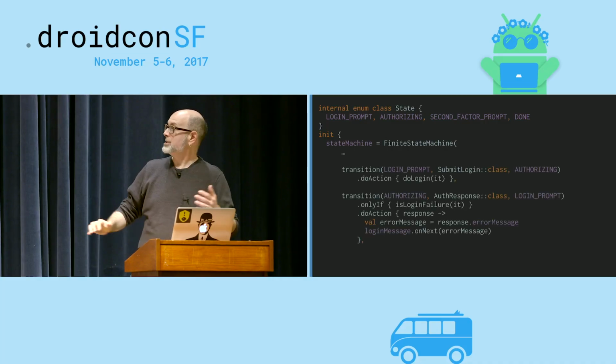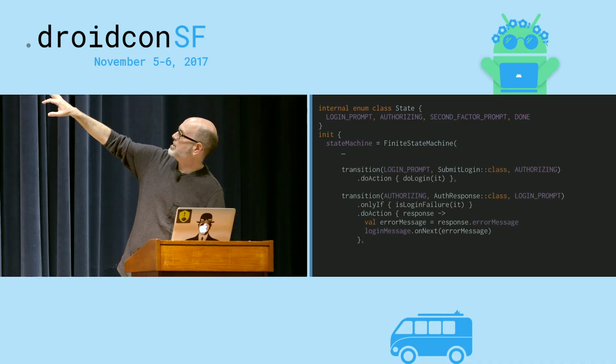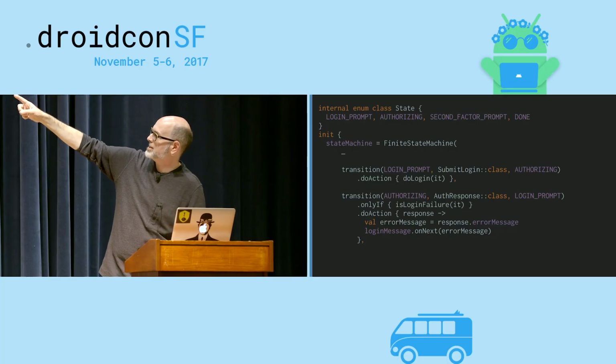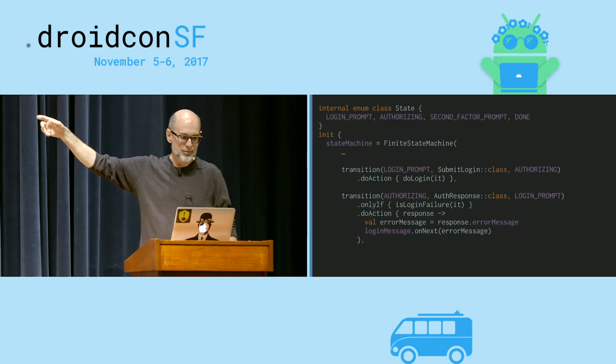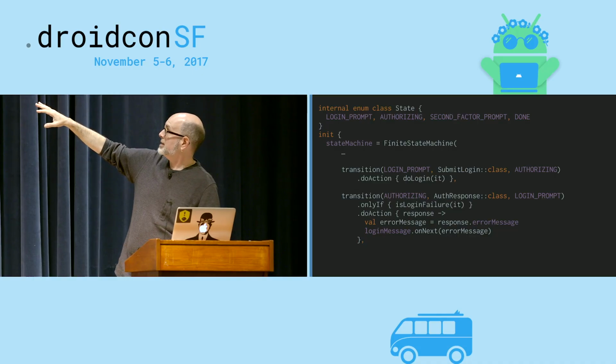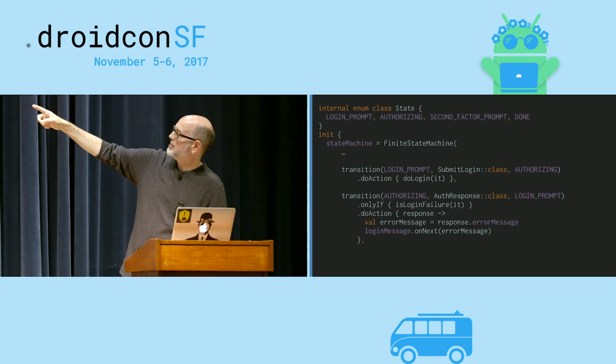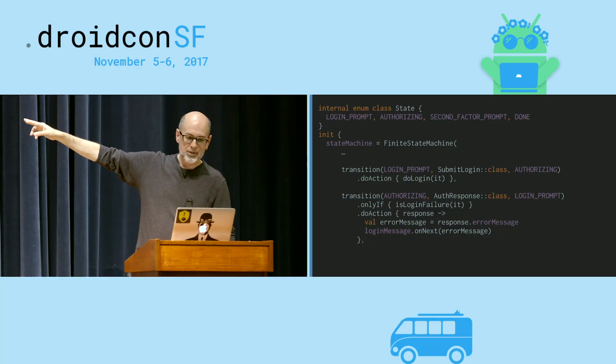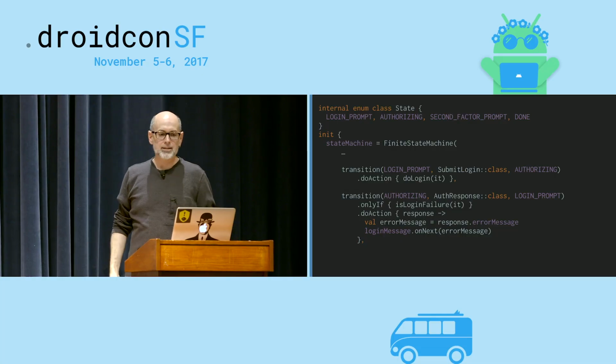And we can define transitions like when I'm in the login prompt and I receive a submit login event, then I'm going to transition to the authorizing screen, and as a side effect, I'm going to make my server call to do this login or whatever. If I'm in the authorizing state already, I'll go back to the login prompt when I receive an authorized response object, and I'm going to return to the login prompt if I received a failure, and I'm going to update the error message to show it. And the code winds up looking like this.